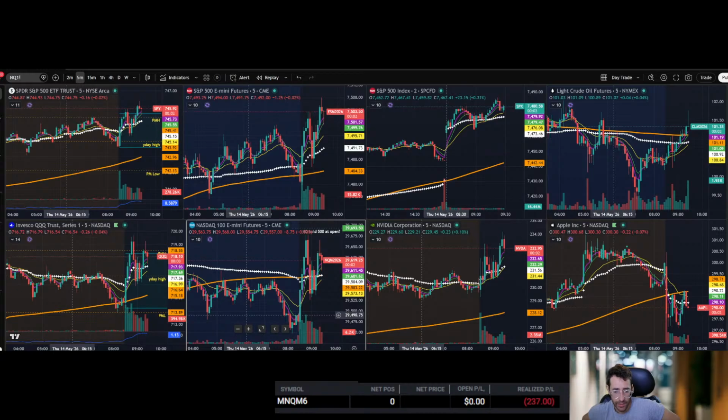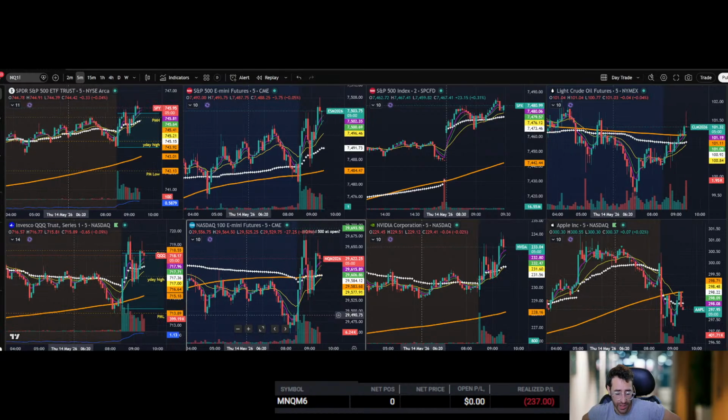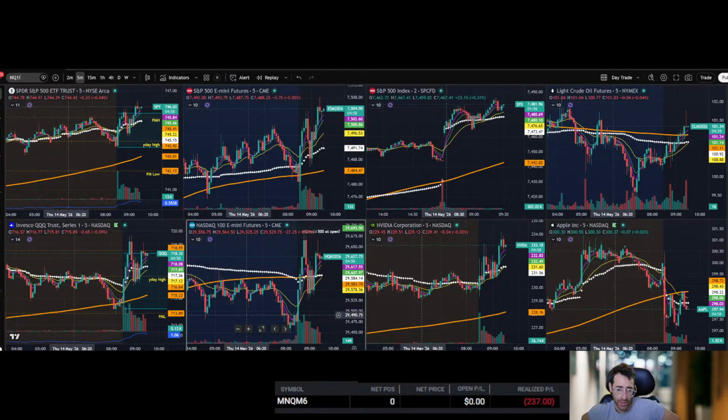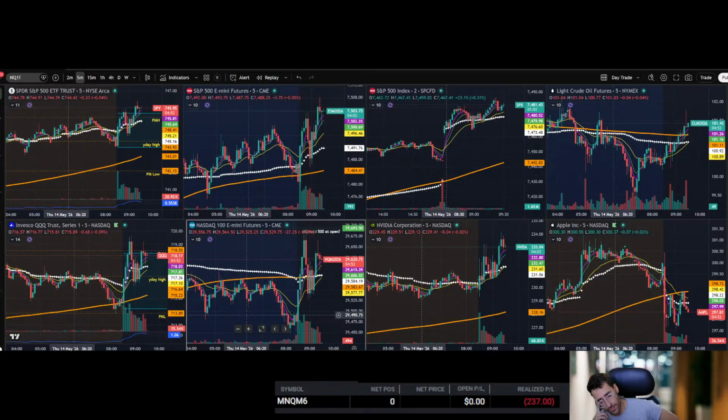I'm glad I took that little long scalp. Could I have held that more? Yeah, but this 250 bucks, I could make that up in one good trade.